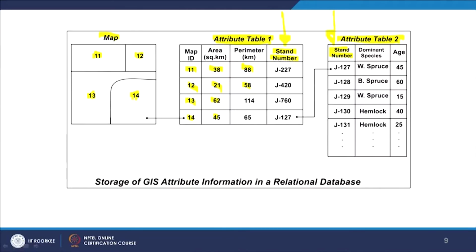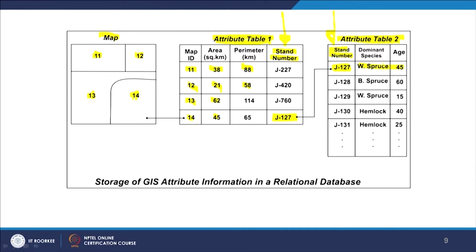Like here, what had been done is that unit 14 is the only one out of these 4 polygons where I have J127. The other 3 stand numbers, the top 3, are not matching except this one. So now it is related, and I can enrich my table by relating this data, or I can keep it separate, but still it is related.